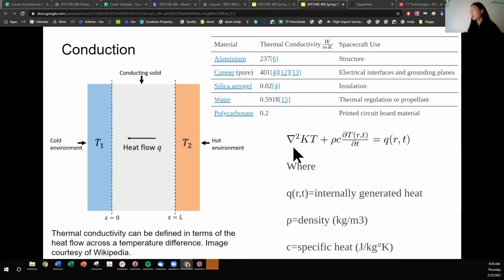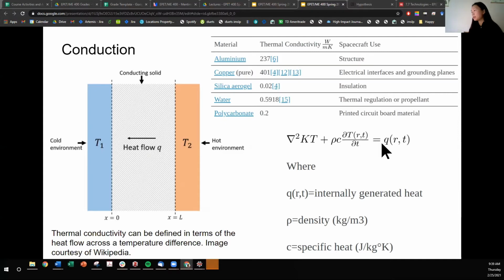Okay, this equation here is a different form of thermal transfer. It's a differential equation that is more commonly used for finite element analysis. So I just want to get into it.